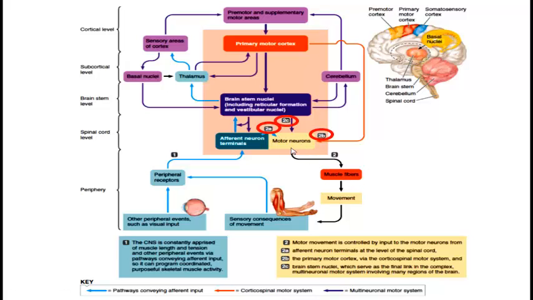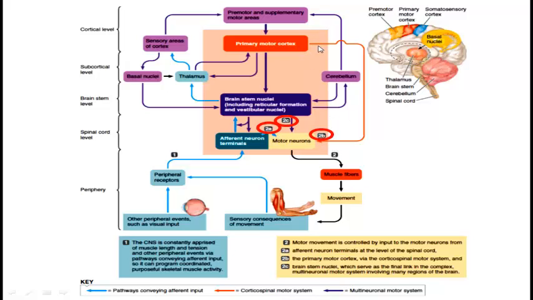This is the final common bus. It is a site of modulation. It is a site of convergence of a number of pieces of information from a number of higher centers. So anterior horn cells in the spinal cord, and the corresponding cells in the brainstem, represent what is called the final common bus, because it is a site of convergence of a number of signals that come from different centers.